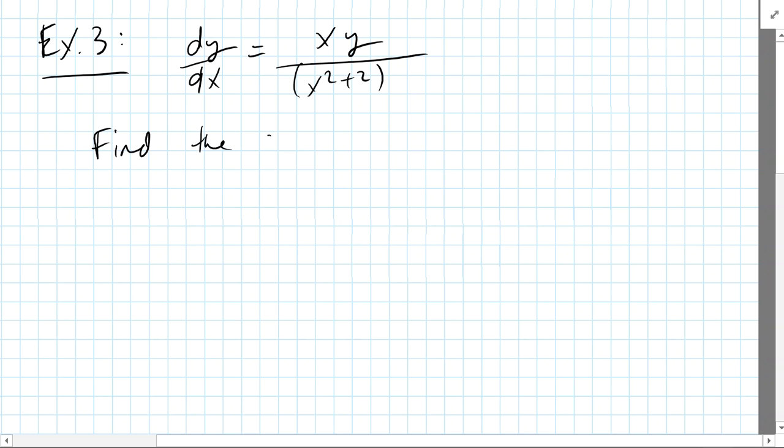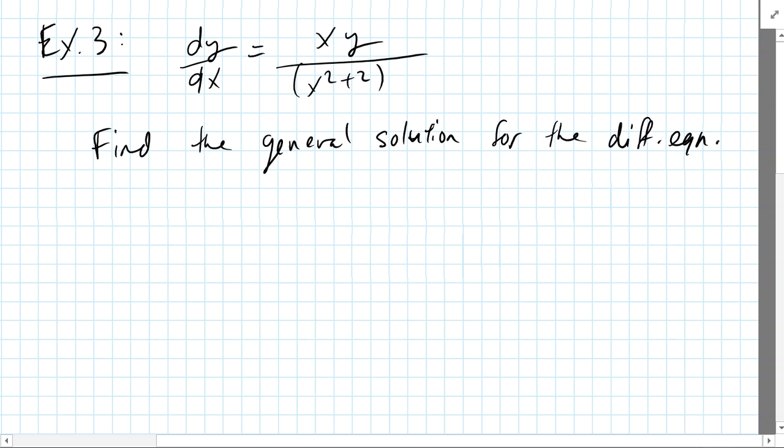Find the general solution to the differential equation. Do we have to separate the variables? Absolutely. Move all the y's to the left, all the x's, including the dx, to the right.